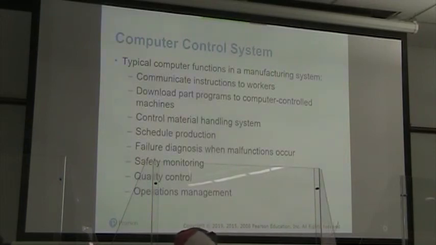Okay, so, and again, computers can be involved in any of these, but they're not necessarily involved in them.